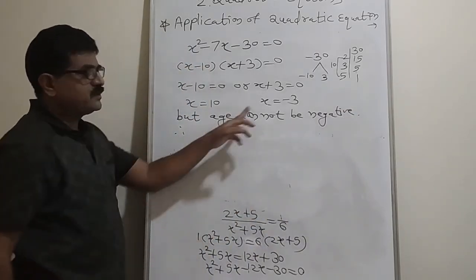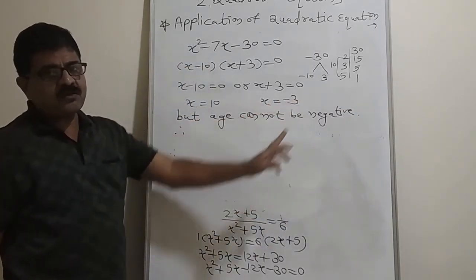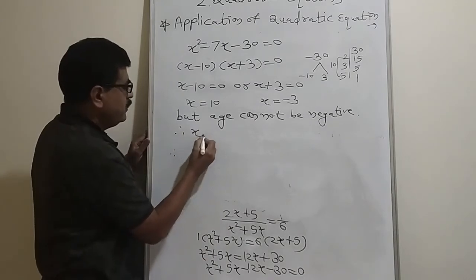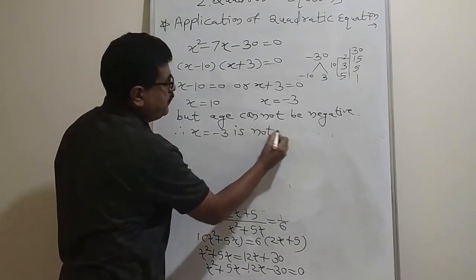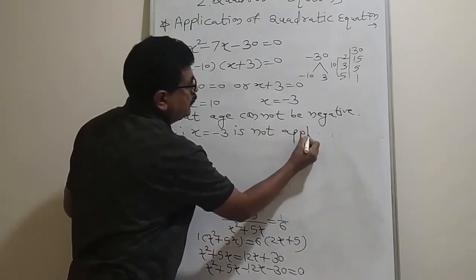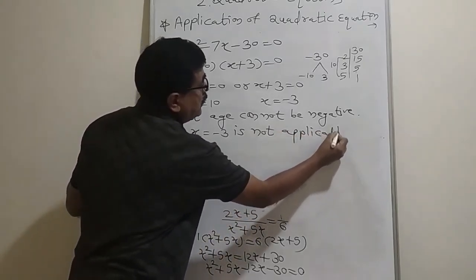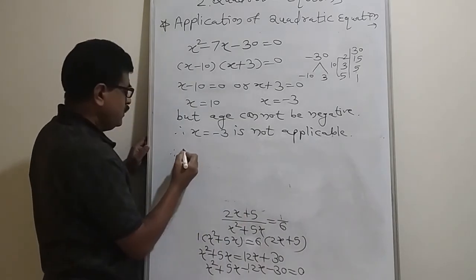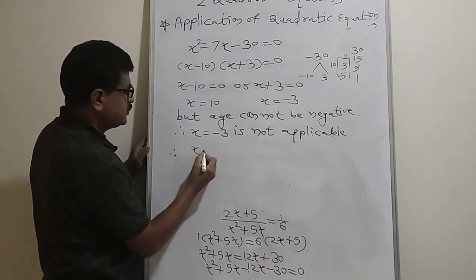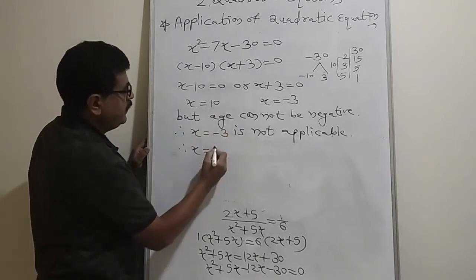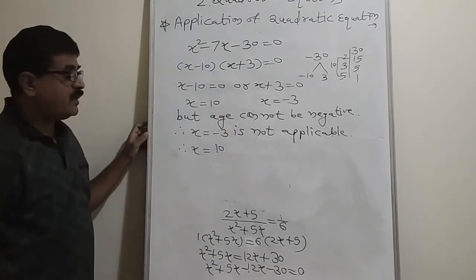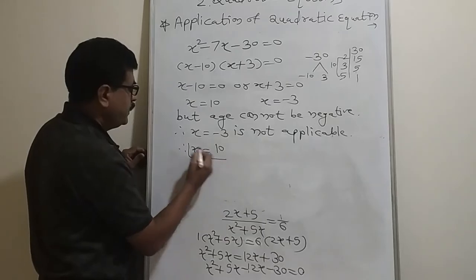Therefore, x is equal to minus 3 is not applicable. Therefore, the value of x is 10.